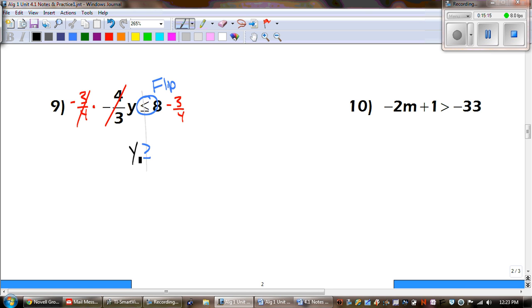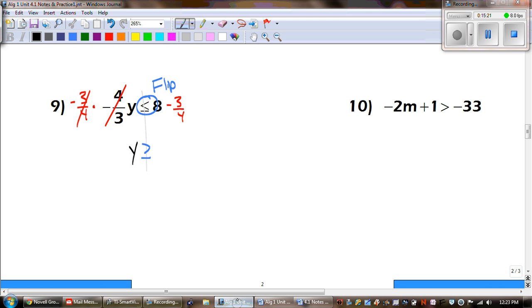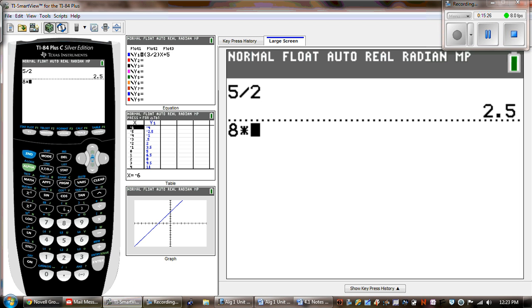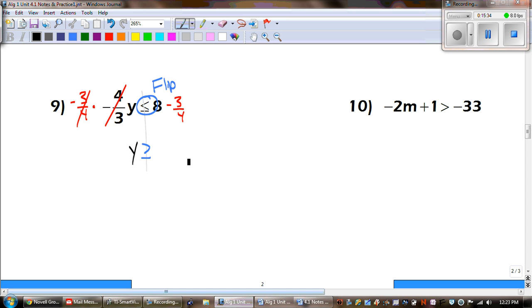So the y is all by itself, and now we have to do 8 times, what was it, negative 3/4? I'm double checking. Yep, negative 3/4. So I'm multiplying by a negative 3/4, and we get negative 6.